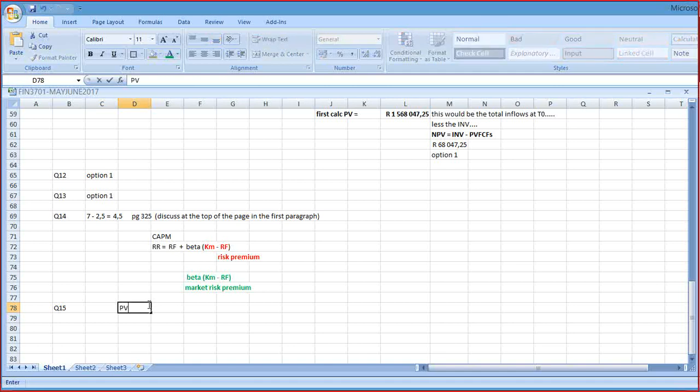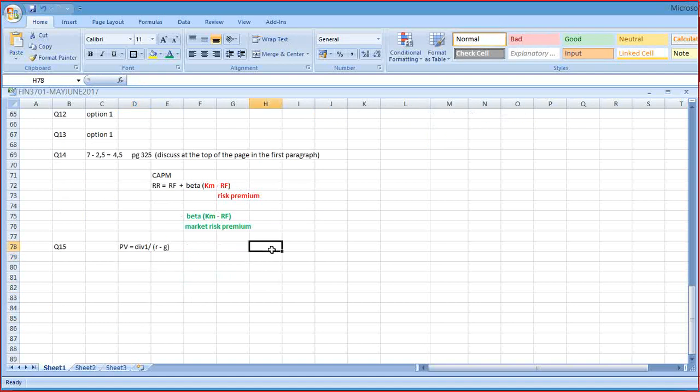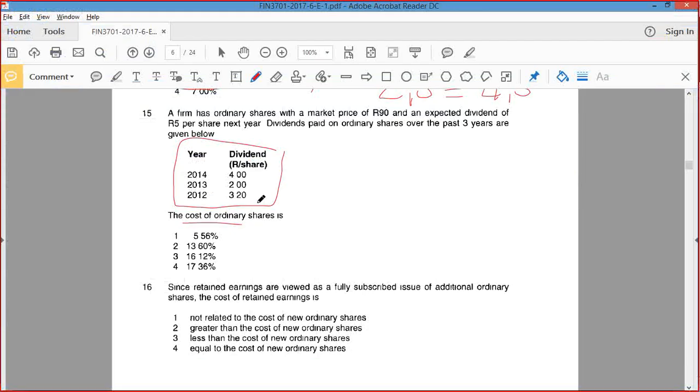I'm going to use Gordon growth. PV equals Div1 over (R minus G). The other equation has R as the subject. It makes no difference how you do it. You get to the same answer.